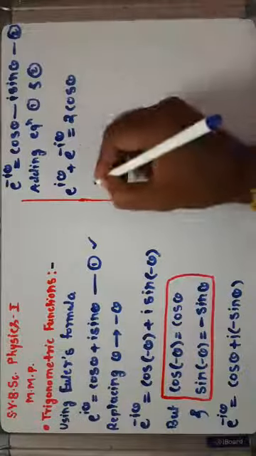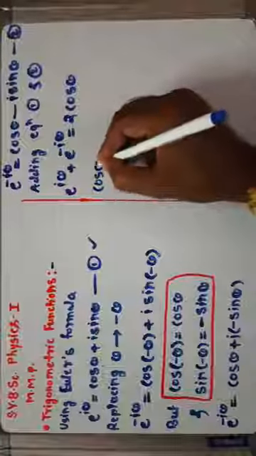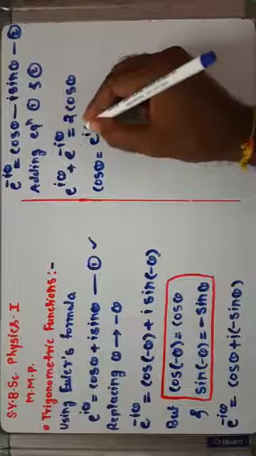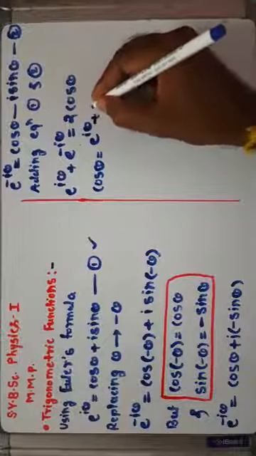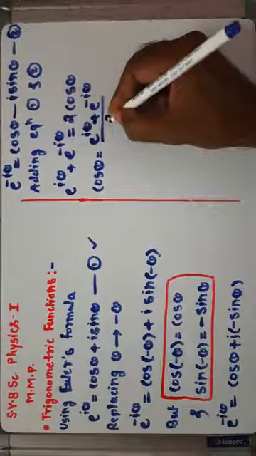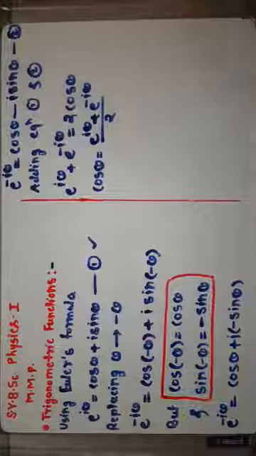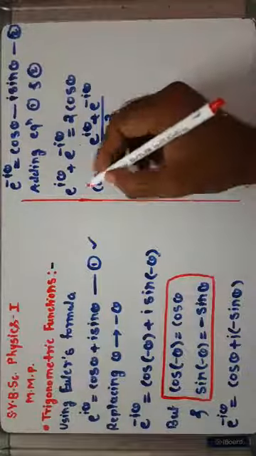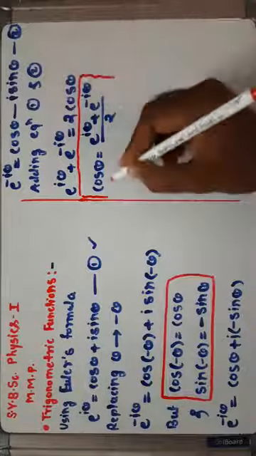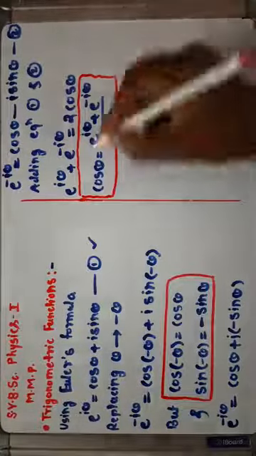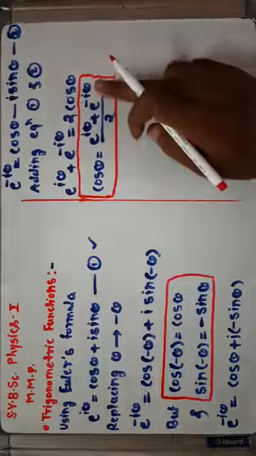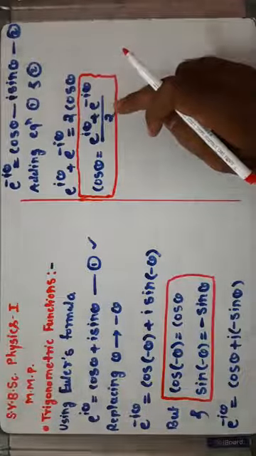Rearranging, cos theta is equal to e raised to i theta plus e raised to minus i theta, divided by 2. This is the trigonometric function cos theta.